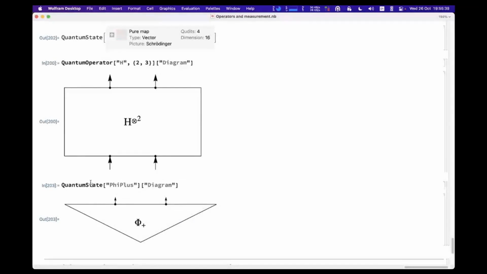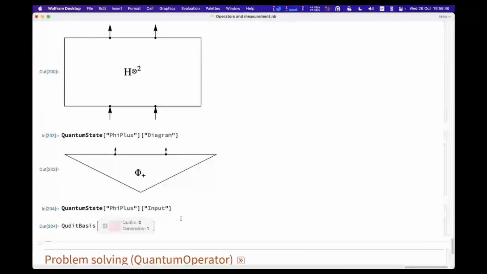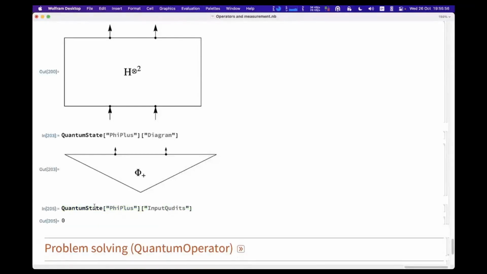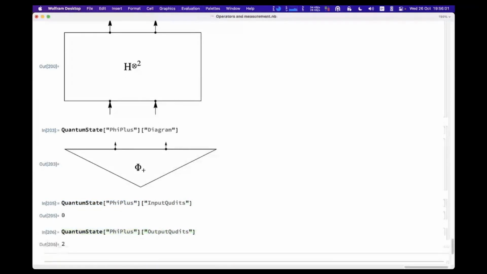What was that? Was it input qubits? Oh yeah, you see 0 qubits. Then let's ask for the output. I guess it's output qubits, and the output is going to be 2.